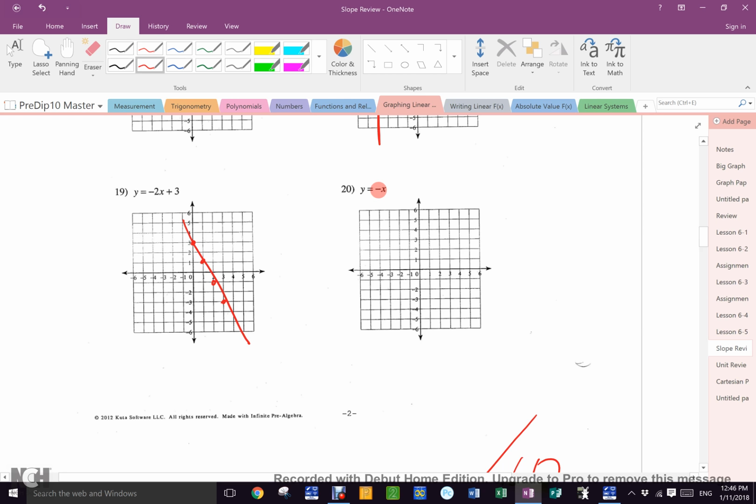What's the y-intercept? +0, because there's nothing there. Or in a table of values, if x is 1, what's y? -1. So when x is 1, y is -1. When x is 2, y is -2. And so on. Boom. Okay?